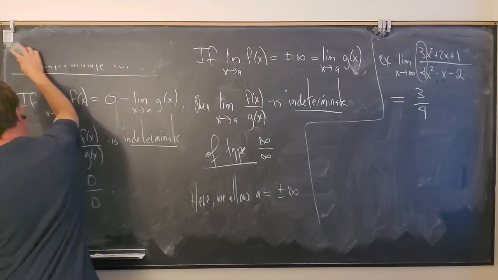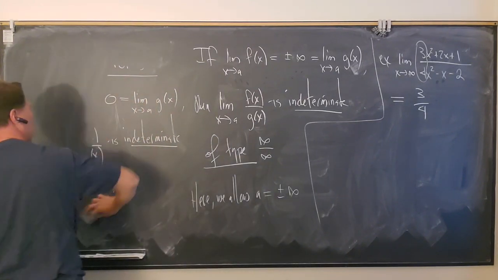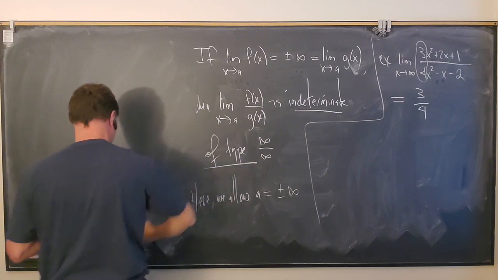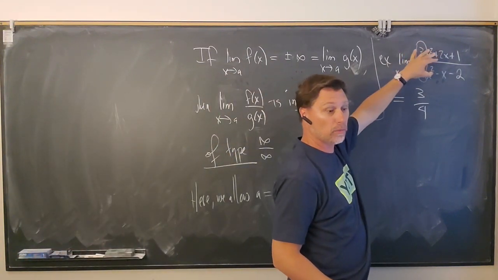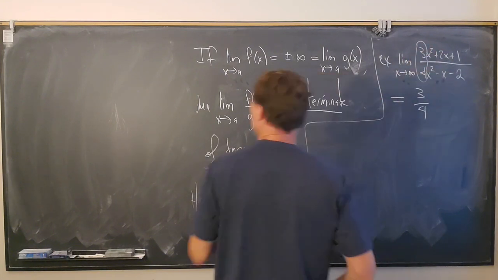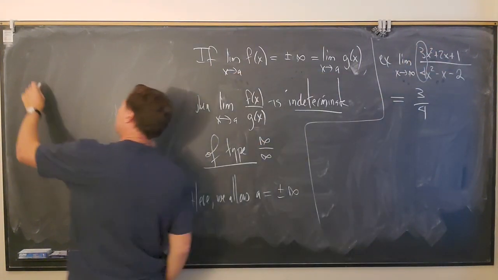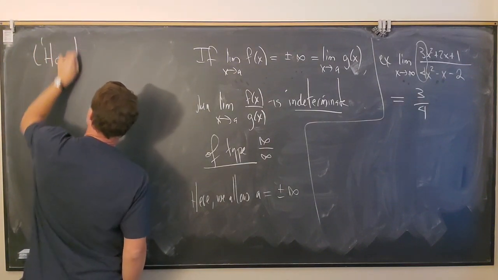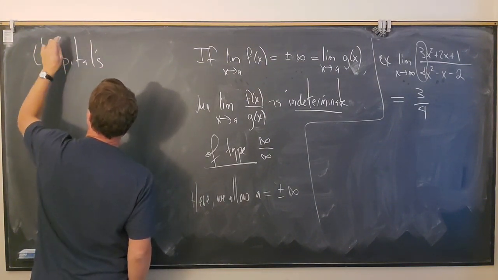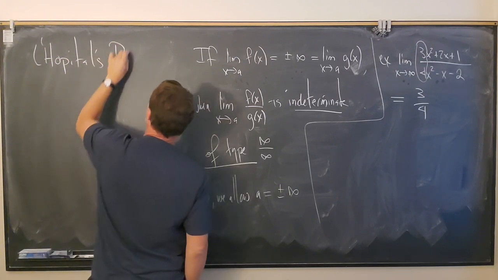Now, in Calc 1, you learned a way to deal with taking limits as x goes to infinity of a polynomial over a polynomial. But in many cases, we don't know how to deal with this, so what we're about to learn is what's called L'Hopital's rule.